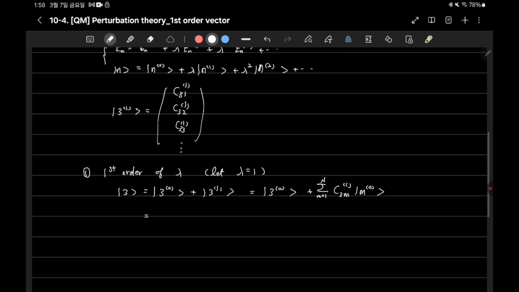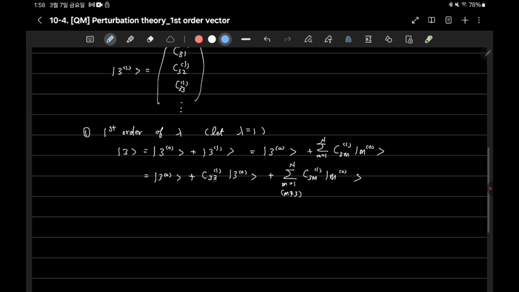In this case M is not 3, so we should separate the C331 state: 30 plus the summation over M from 1 to N, where M is not 3, of C3M first times M0.